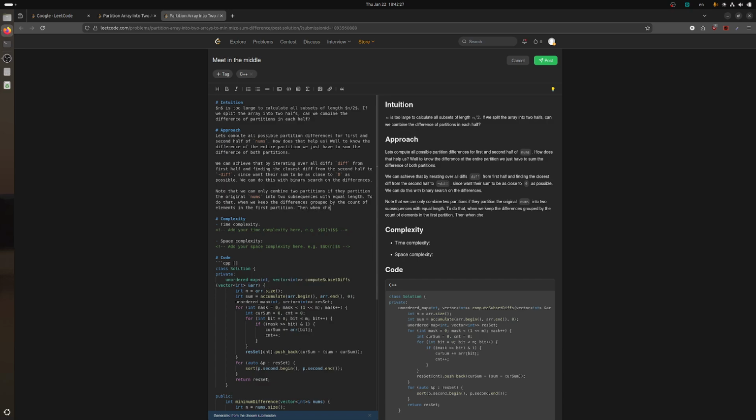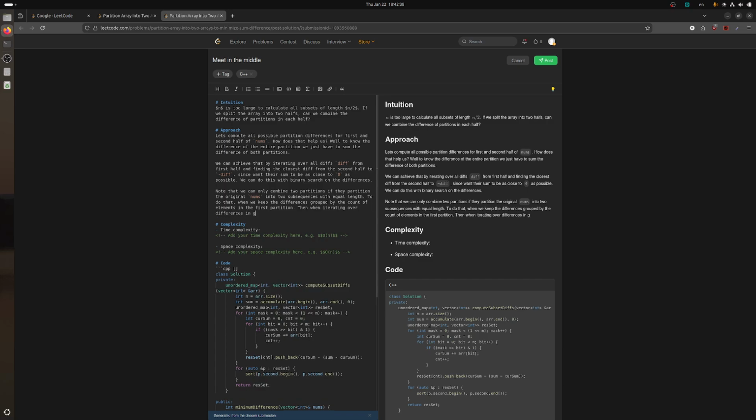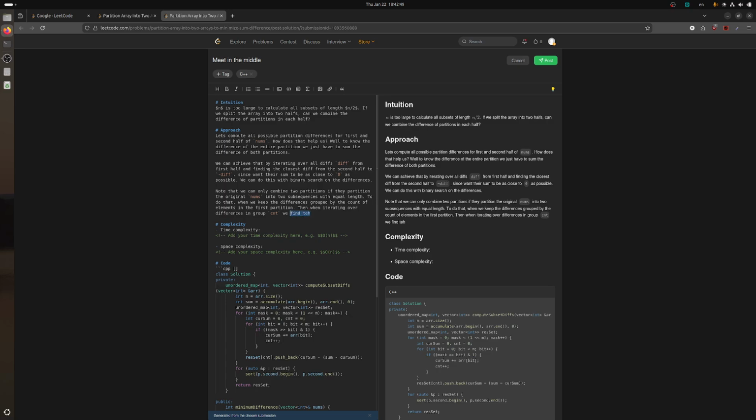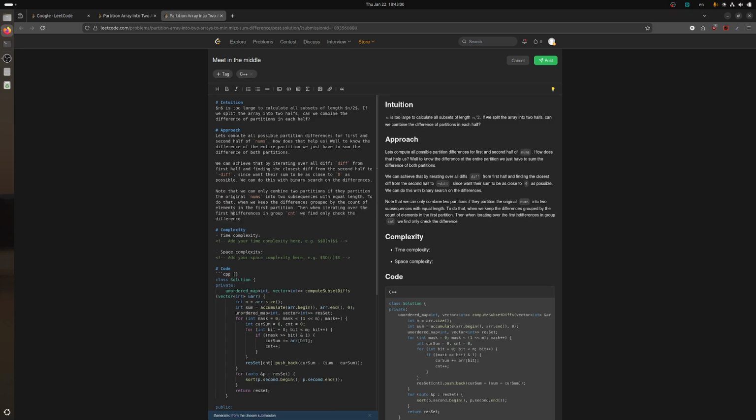Then when iterating over differences in group, when iterating over the first half differences in group count, we only check the differences in a group divided by minus count.